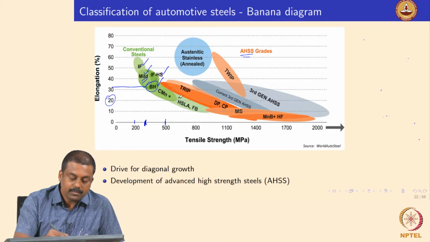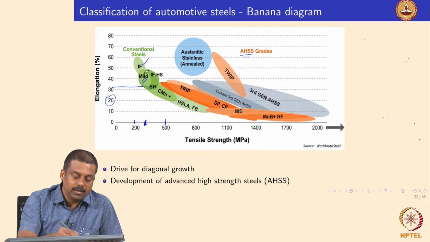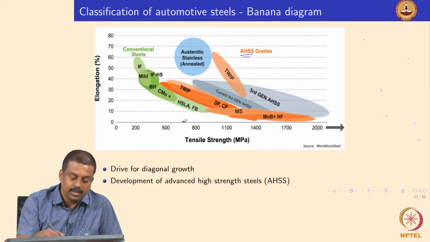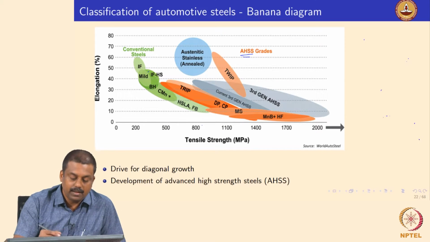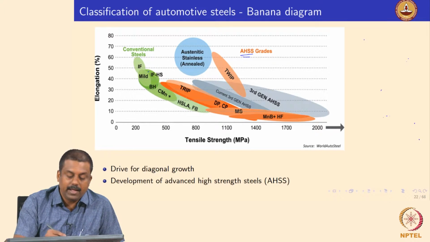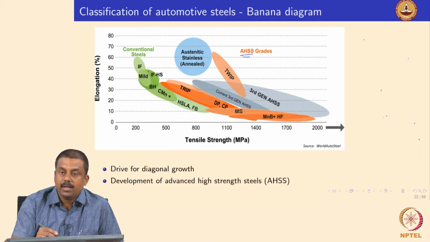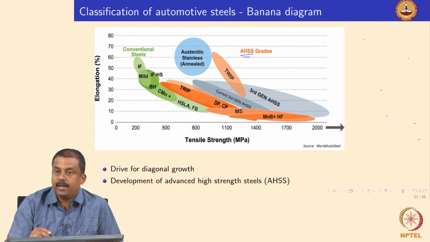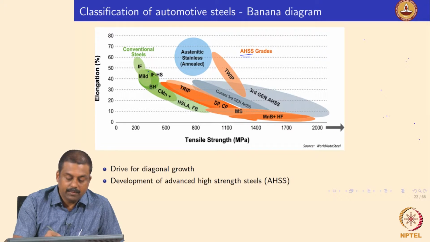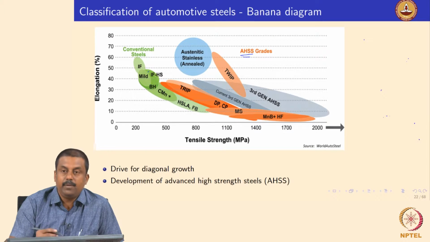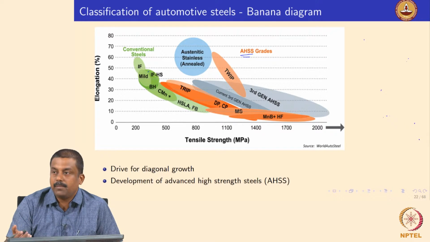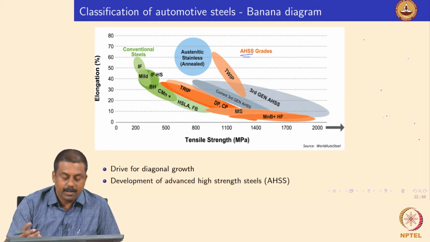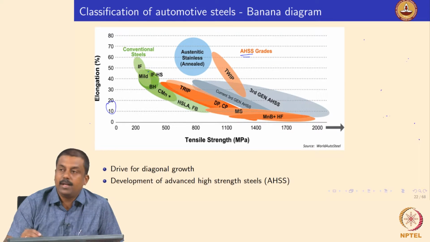So the driving force now for developing the advanced high strength steels is actually coming from the fact that the high strength ferritic pearlitic steels do not have enough ductility, and with the given strength of HSLA we won't gain any advantage in terms of manufacturability because of reduced elongation.